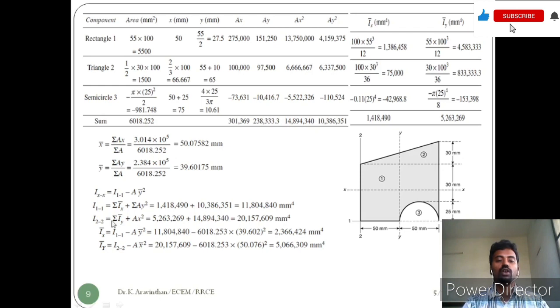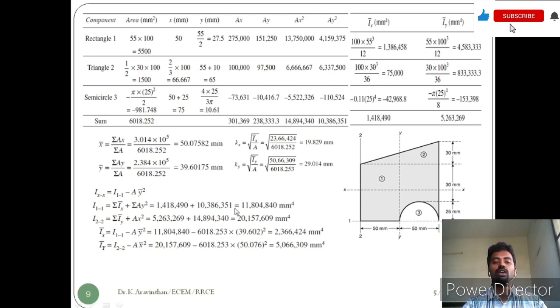You have to substitute all the values given in the table in the respective part. So let us find the radius of gyration. You have Ix as 2366424, and you substitute here divided by the area, 6018.25.